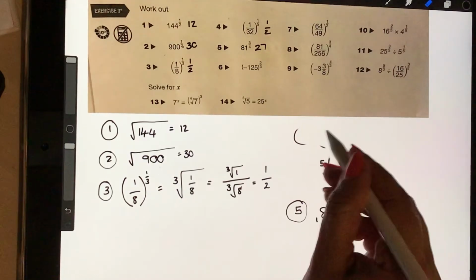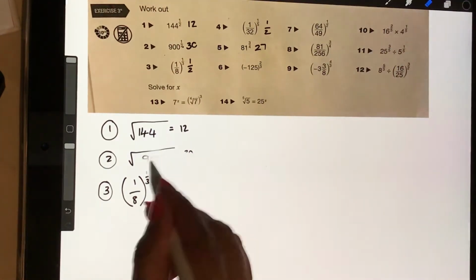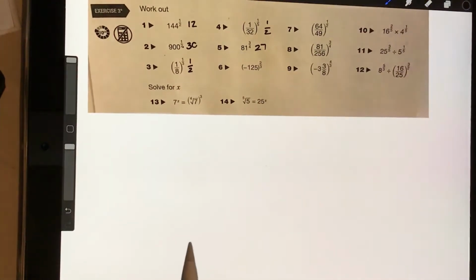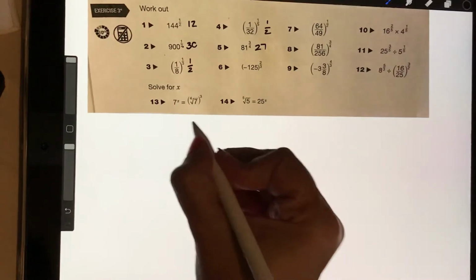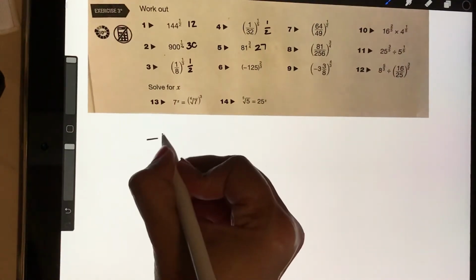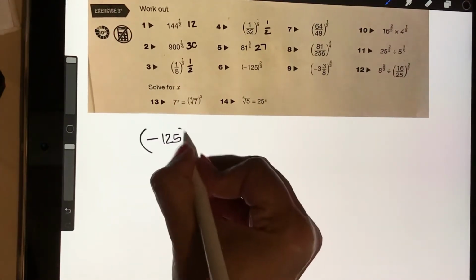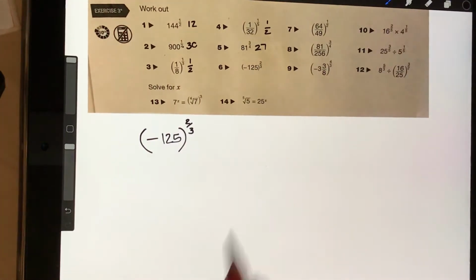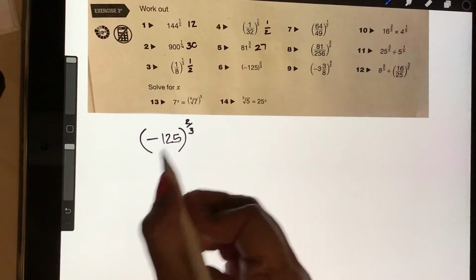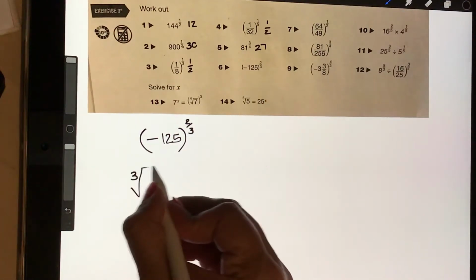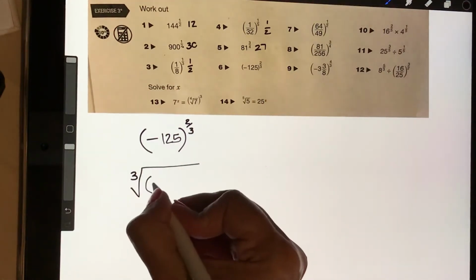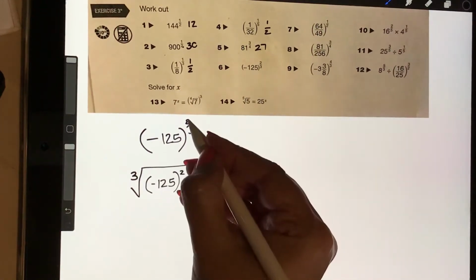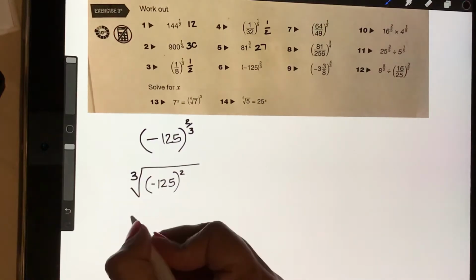Right, let's just make some space here. Right, number 6, we've got a negative. Negative 125, all raised to the power of 2 over 3. Right, we know that in the denominator it goes on the outside of the root, and we've got minus 125 squared because that 2 goes in there.